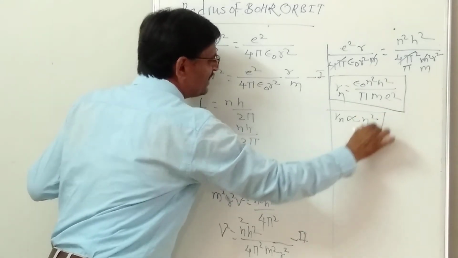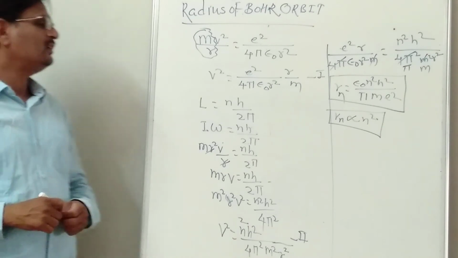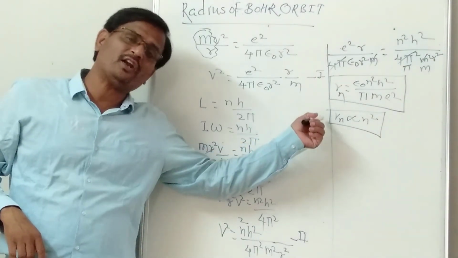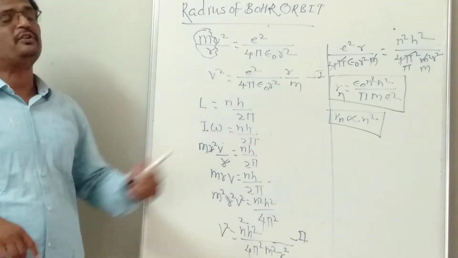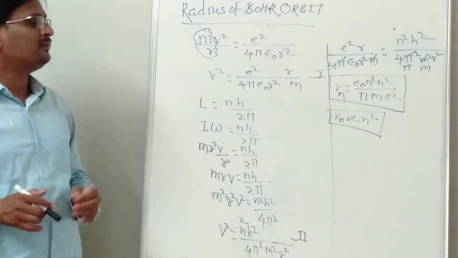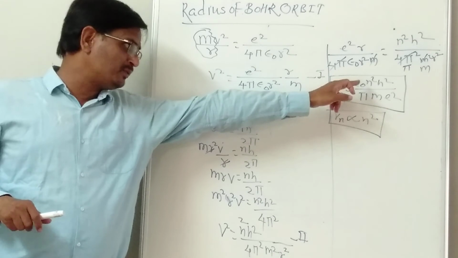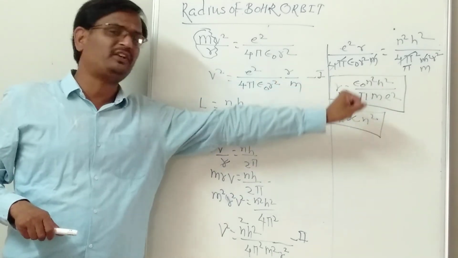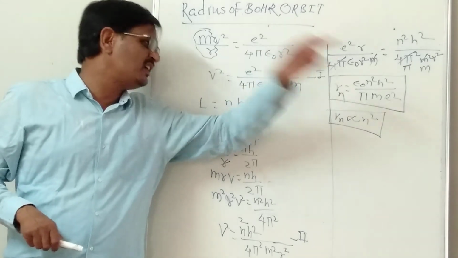We can conclude that the radius of the nth Bohr orbit is directly proportional to the square of the principal quantum number. Here ε0 is the permittivity of free space, n is the principal quantum number, h is the Planck constant, m is the mass of electron, and e is the electronic charge.